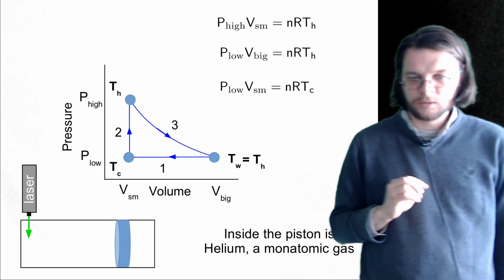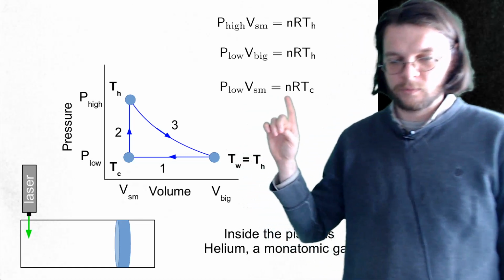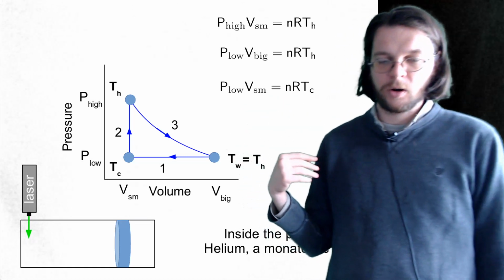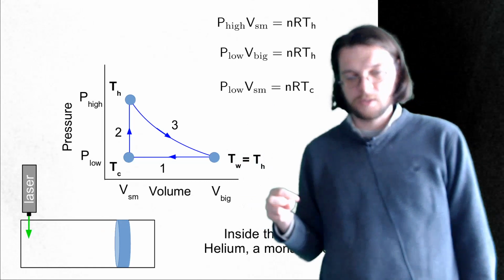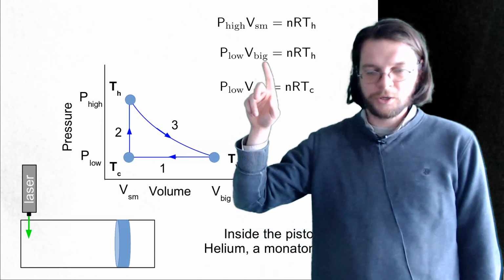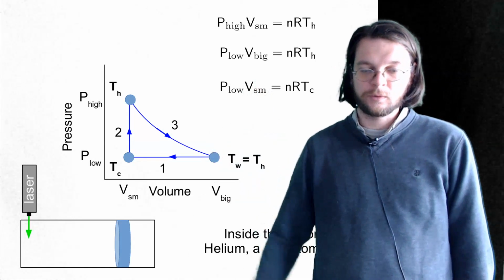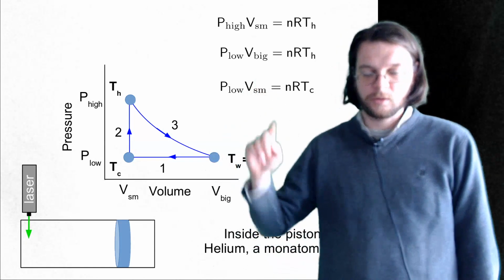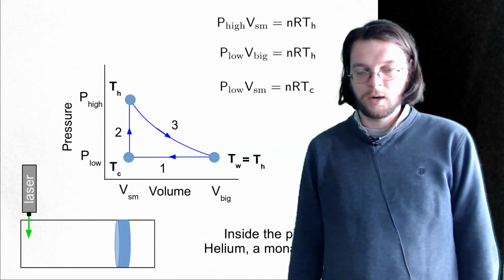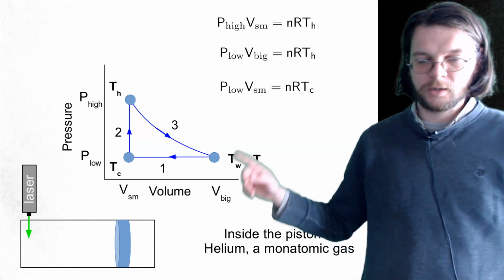So these are what we get from the ideal gas law. And remember, our goal was to try to figure out the ratio of, say, V big to V small in terms of not the volumes, but in terms of the temperatures. There's a variety of different ways of doing that.